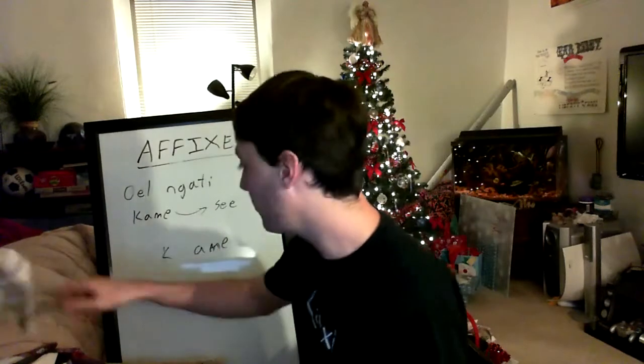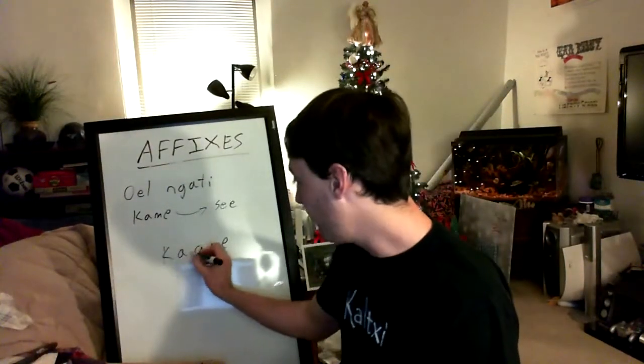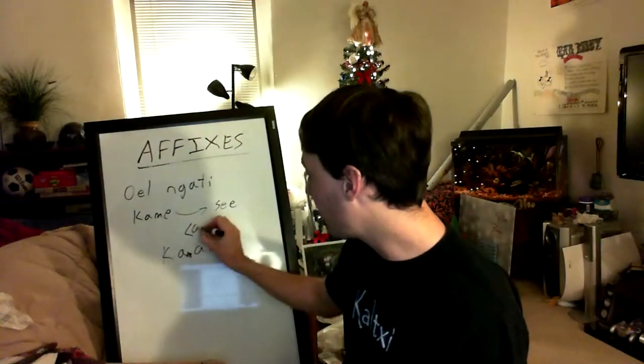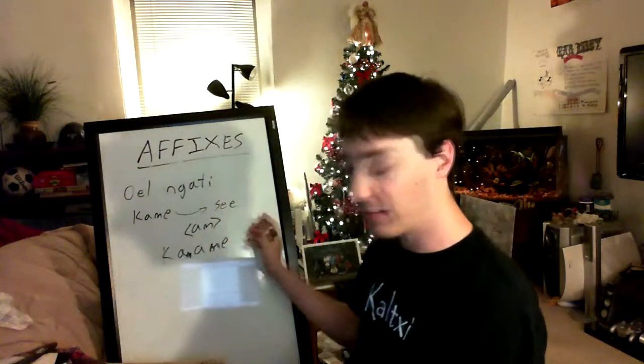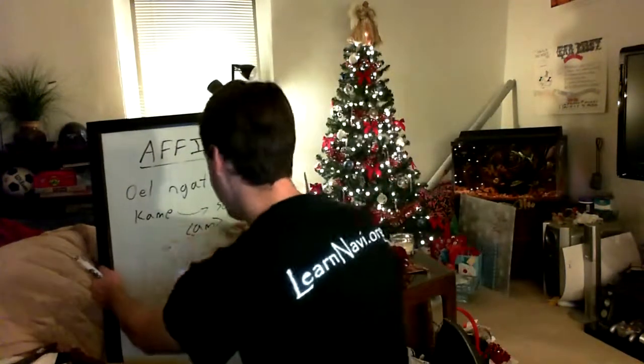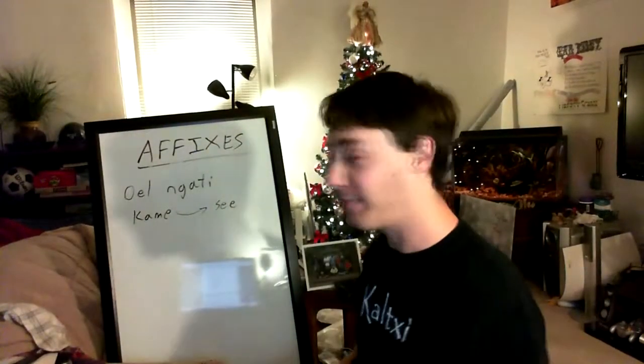Or we could denote the tense, and that's what we'll do here. So that would be "am." So remember, "am" is the infix for past tense, and that'd be "kamame." I know it sounds weird when you get the double "am" in there, but that's what it is. Kamame.